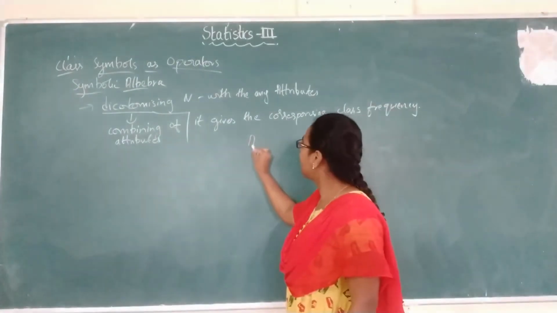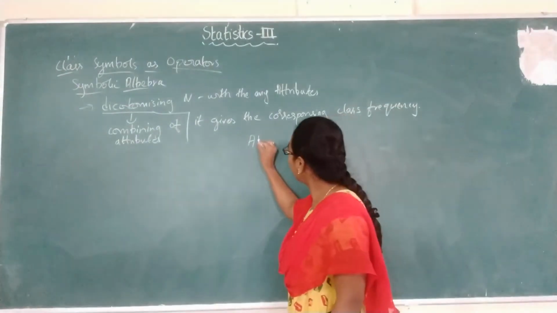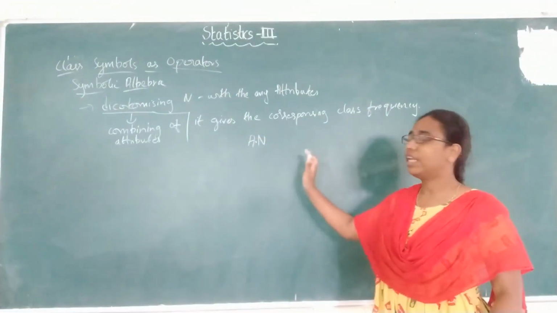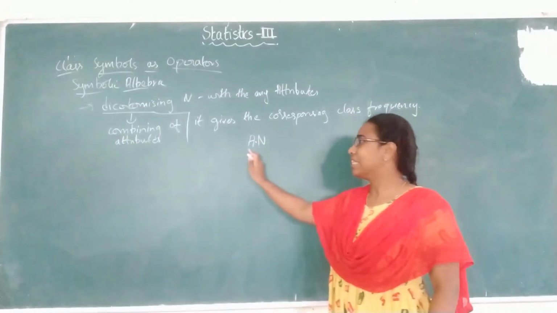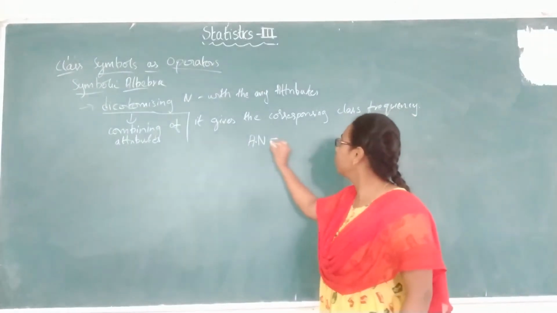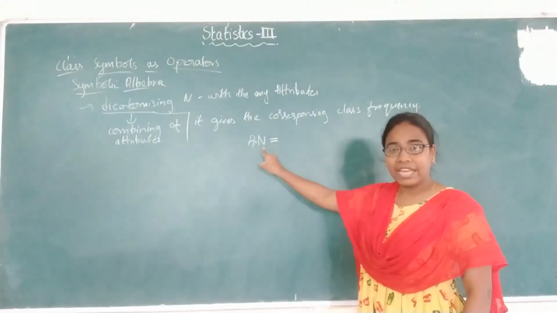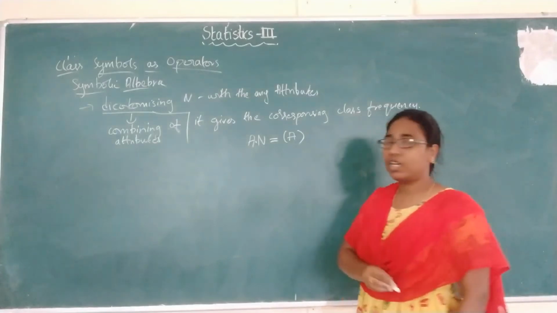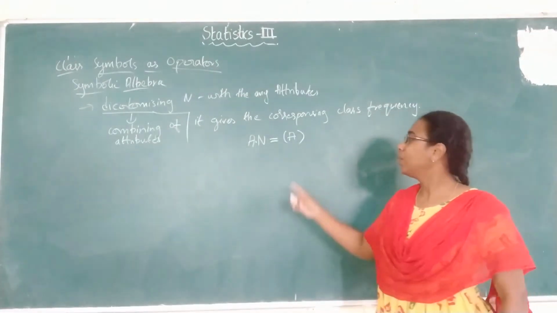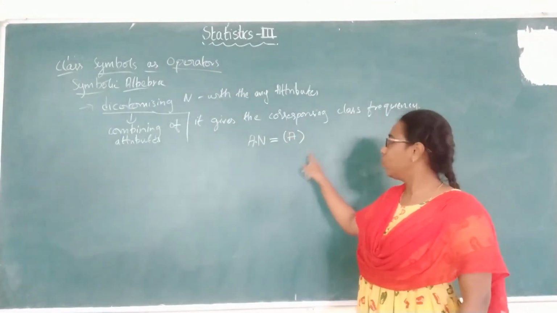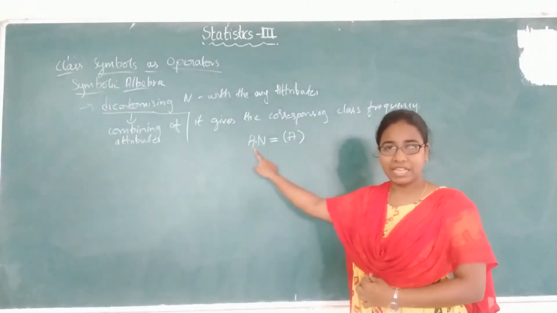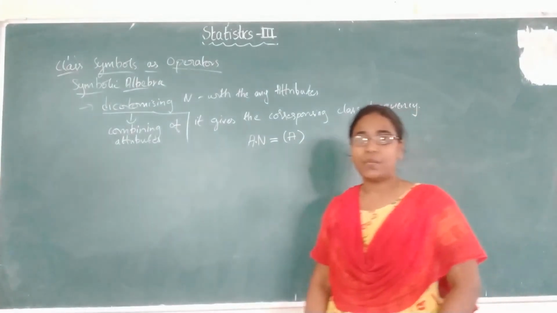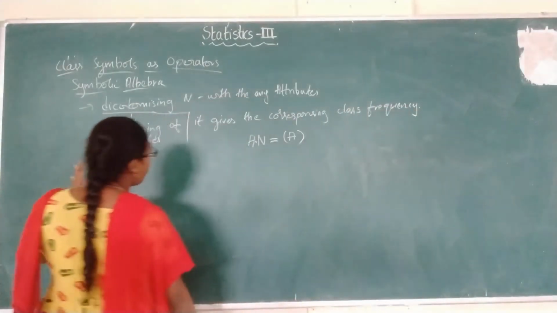Suppose I consider attribute A. So I am combining A with N, that is A into N. Symbolically you can think A into N, and if you are dichotomizing N with the attribute A, that can be written as the class frequency of A. Class frequencies should always be written in brackets. So whenever you combine N with any attribute, it gives its class frequency. So this is about the symbolic algebra.